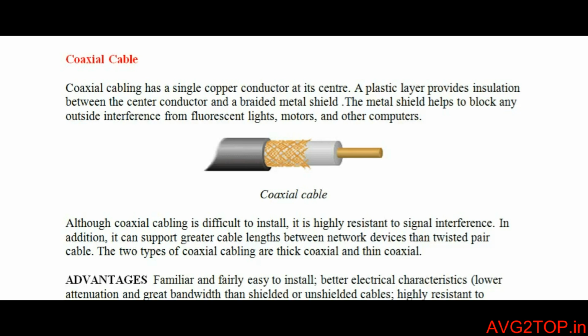Coaxial cable. The coaxial cable is a single cable with a copper conductor at the center, surrounded by a plastic layer for insulation between the center conductor and the metal sheet. There is a metal shield to block outside interference like fluorescent lights, motors and other computers.